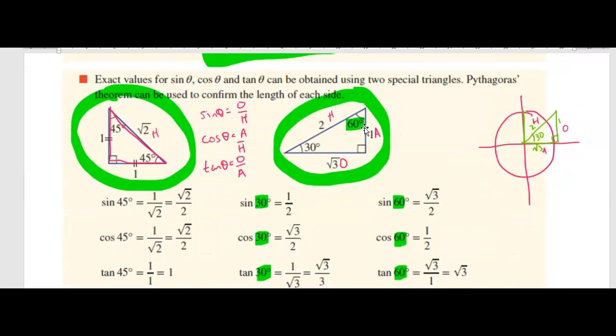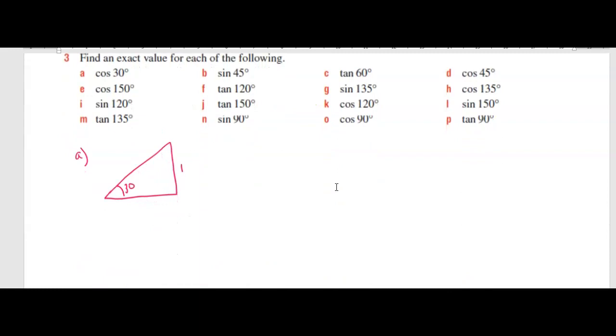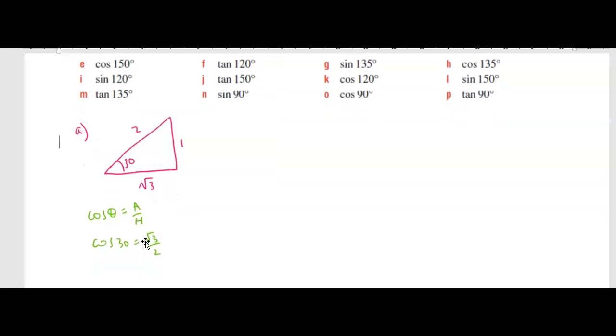Where are you? 1, 2, √3. Okay, so cos theta equals adjacent over hypotenuse. So cos of 30, adjacent side is √3, and your hypotenuse is 2. So you could use this triangle or you could use your table of values to get that value, √3 on 2.